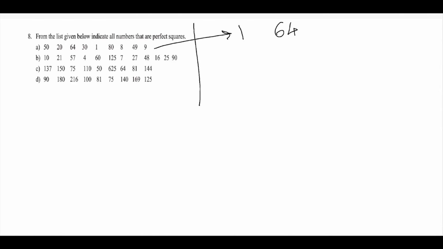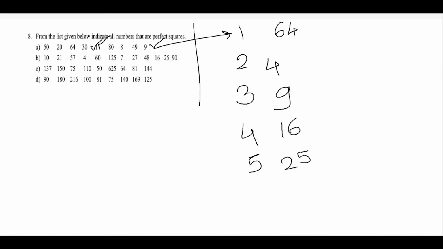Starting from 1, try to check the squares. 1 square is 1, this is a perfect square. 2 square is 4, we don't have it in the list. 3 square is 9, okay, we have it, so it is a perfect square. 4 square is 16, not in the list. 5 square is 25, not in the list.